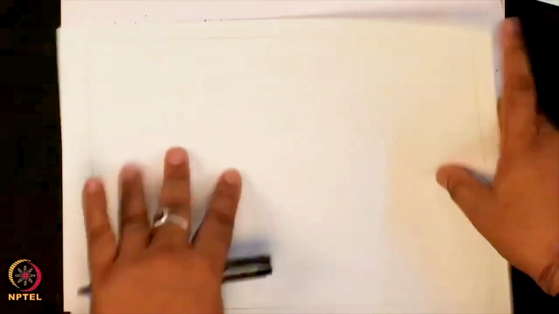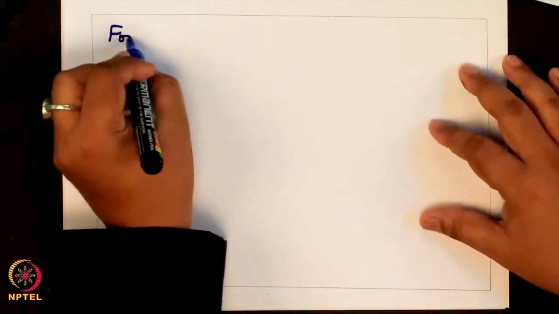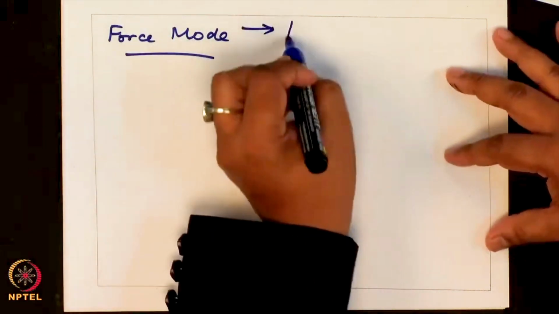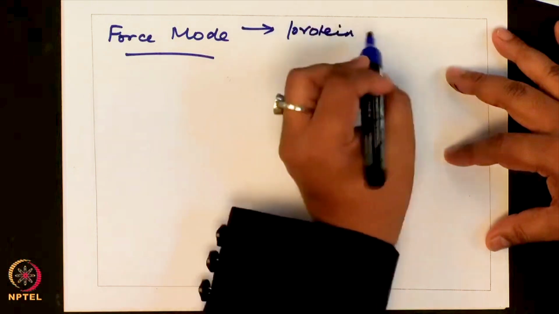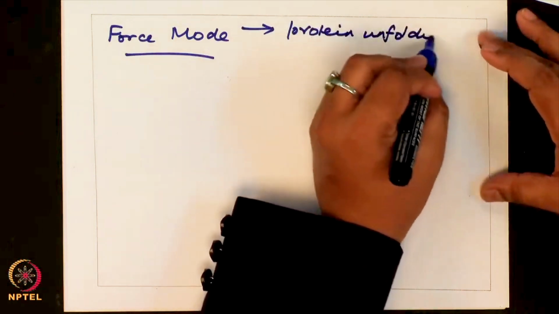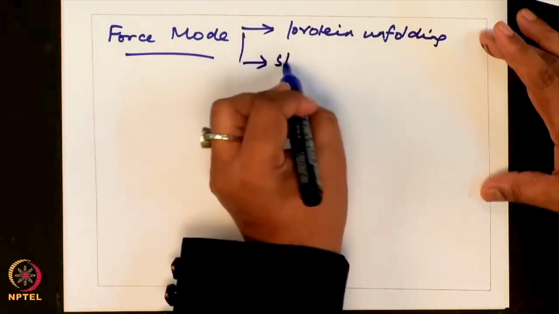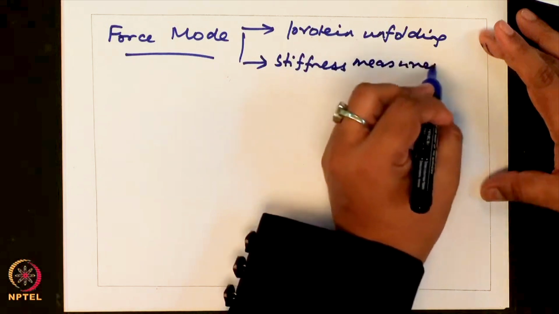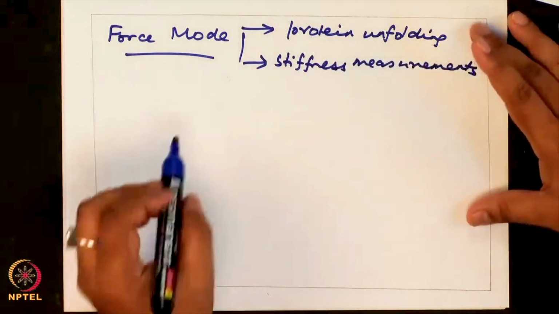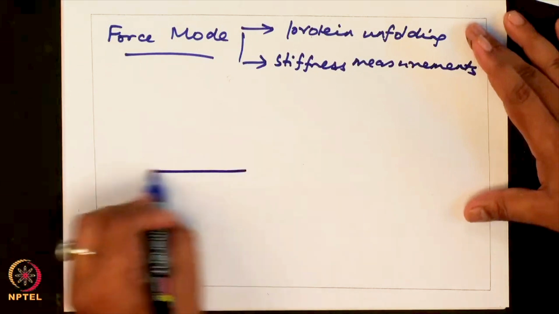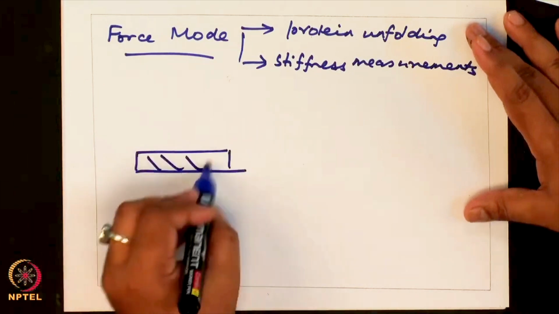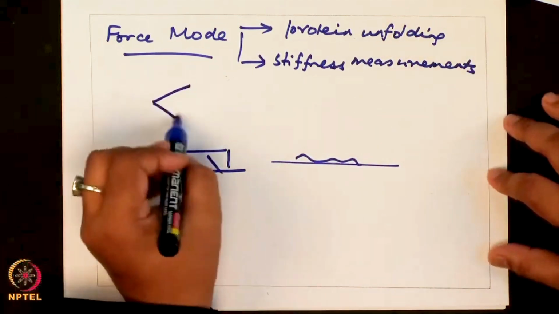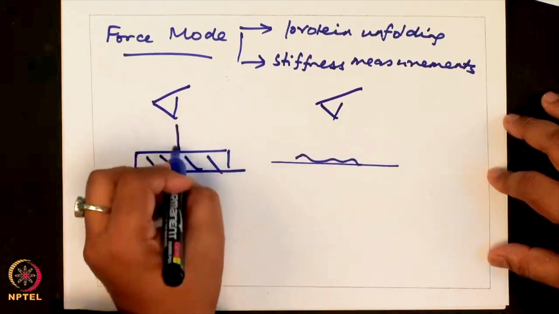There is a third mode of operation which is called the force mode. Okay. So, this is the same mode which is used for studies of protein unfolding as well as stiffness measurements. Okay. What is done here is, again, you have a sample of a given property, or you have a tip lying on a surface or a protein lying on a surface, you have a tip, okay, you bring it down.